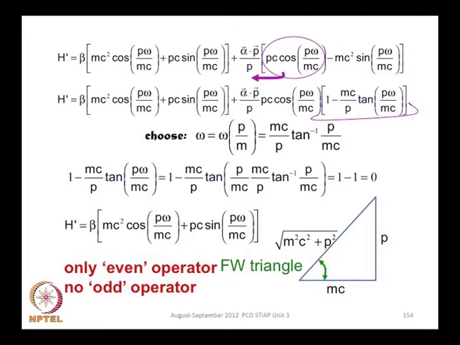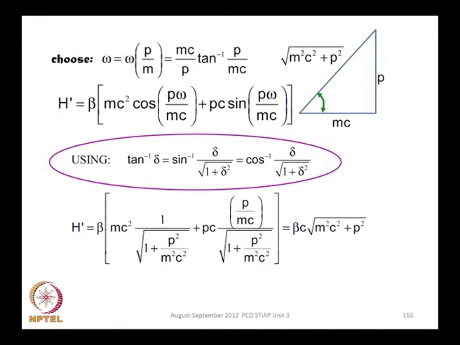So you are left with only the even operator where you find the Hamiltonian, and the odd operator is eliminated. Now this is exactly what we wanted to achieve, and using this identity for the tan inverse function, you can write this as beta c times root of m square c square plus p square.